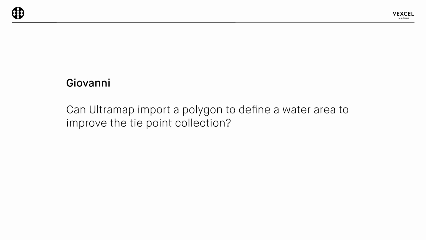Good. Next question is, can UltraMap import a polygon to define a water area to improve the tie point collection? So we now have this image segmentation included in the workflow.